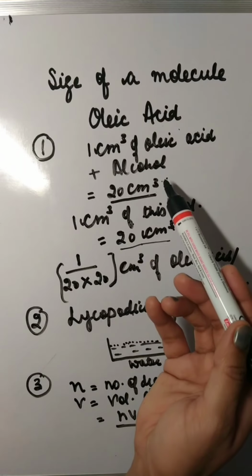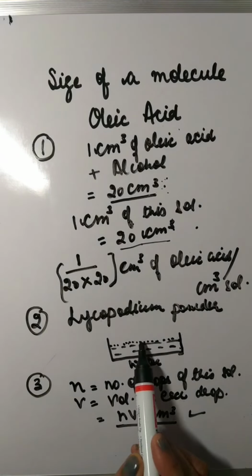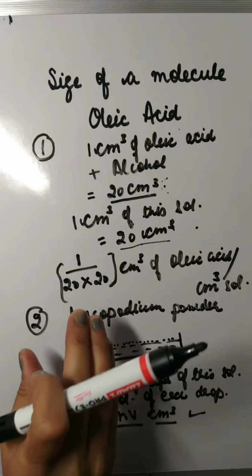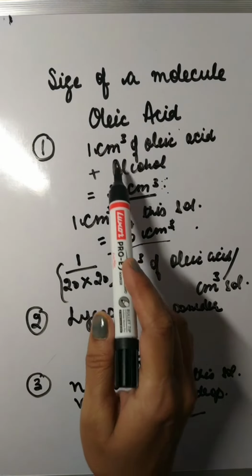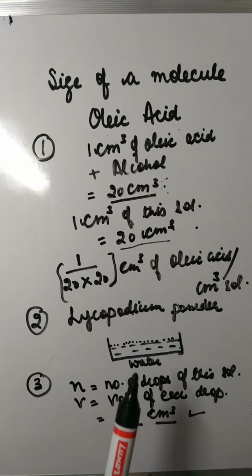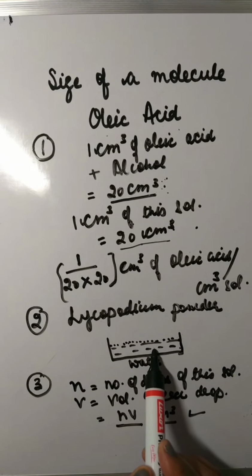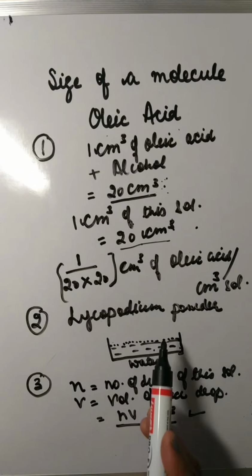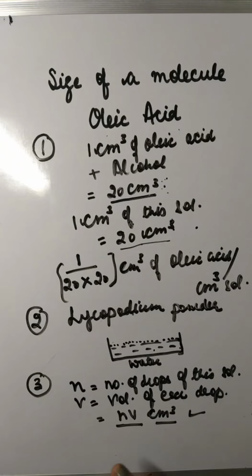Now when we pour this solution onto the layer of lycopodium powder, it spreads, and once it spreads, it forms a monolayer of oleic acid. Some of the alcohol dissolves in water and some of the alcohol evaporates. So what remains is the thin film of oleic acid on the lycopodium powder.